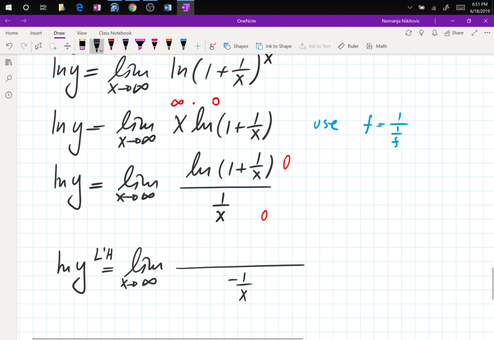Denominator easy, always. Numerator, derivative of ln. We know it's a division. You copy the function as is in the denominator, and you put its derivative in the numerator.